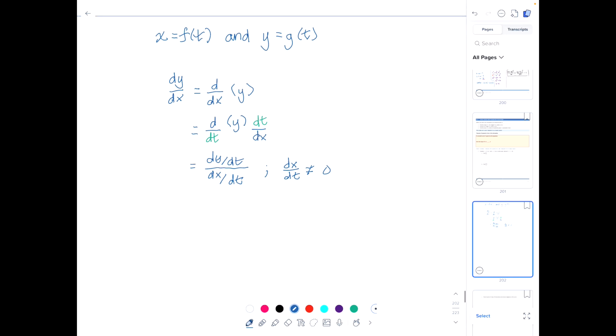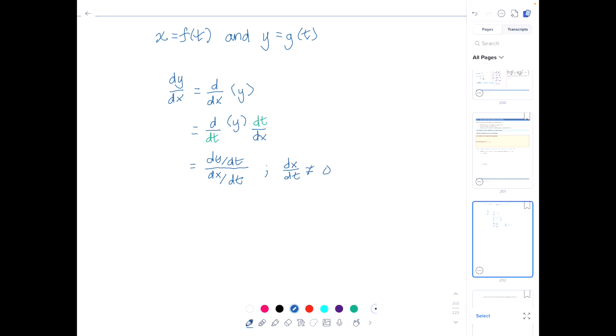So you do a similar thing with the derivation. So now we have our dy dx, and we know that our dy dx is dy dt over dx dt.